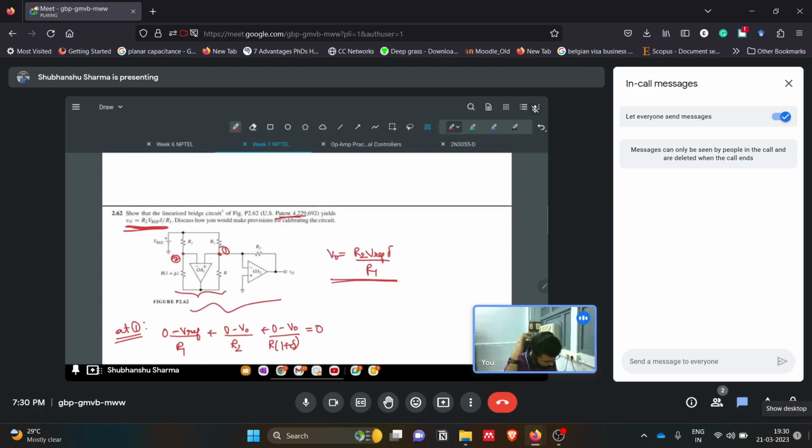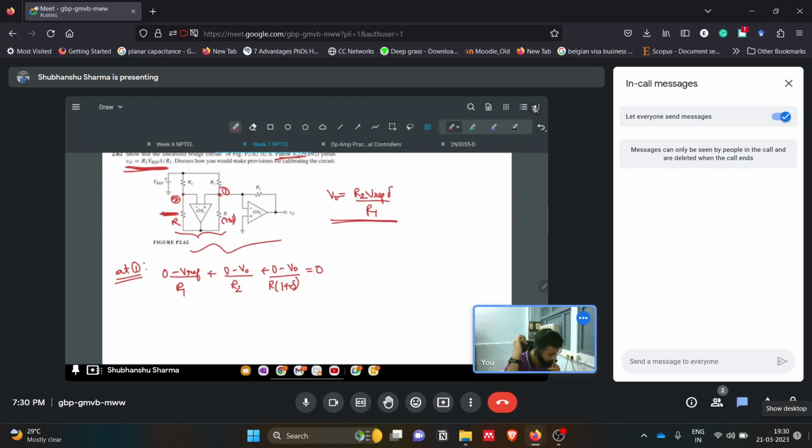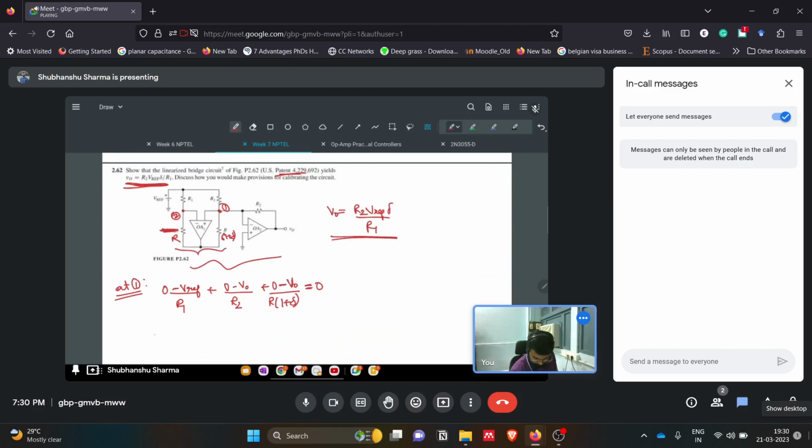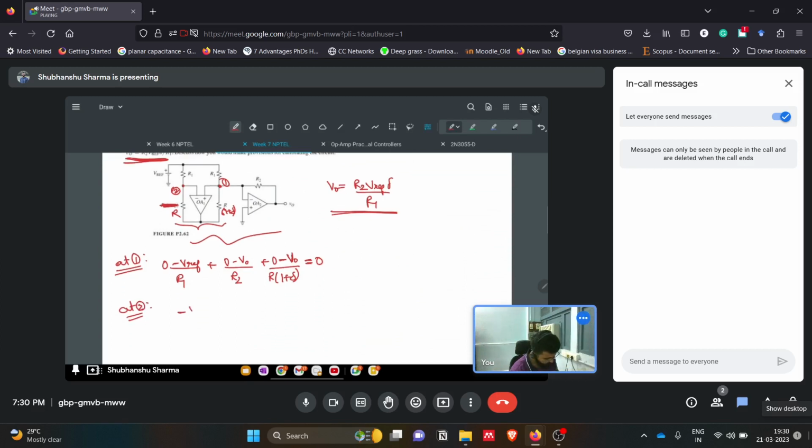One clarification: this is only R, and this is R1 plus delta. Based on that, the KVL equation at the other node gives minus V ref by R1 plus 0 minus V naught 1 divided by R equals 0.